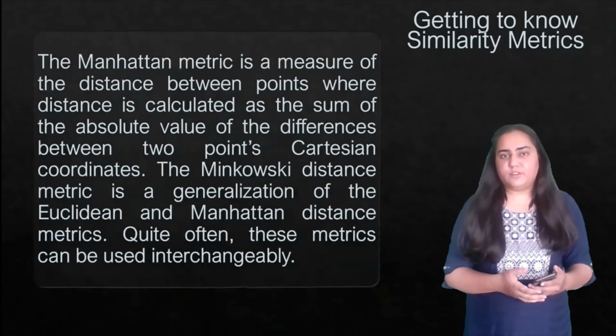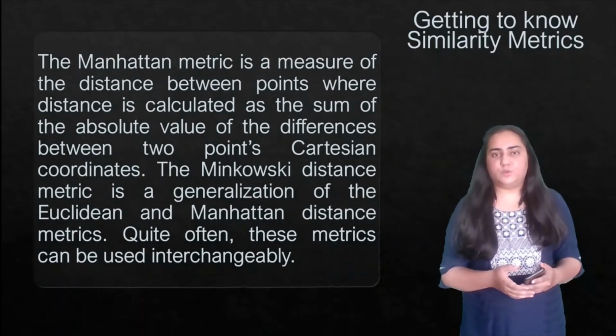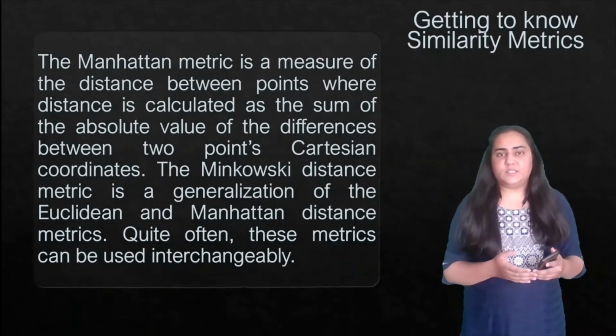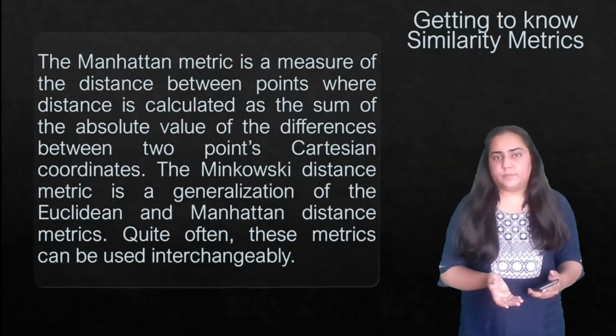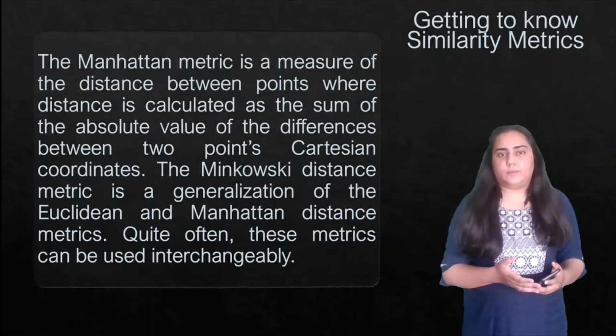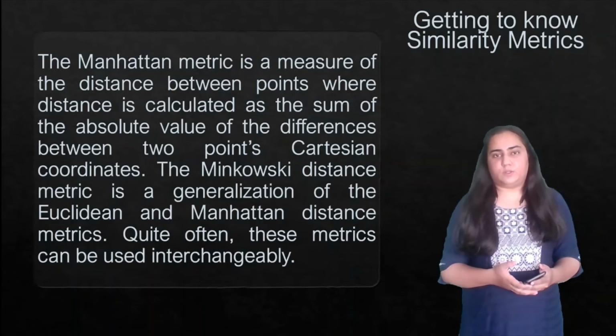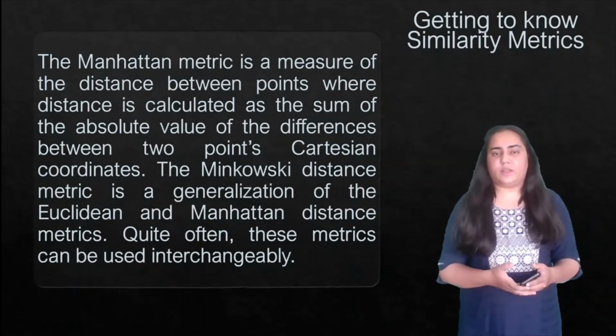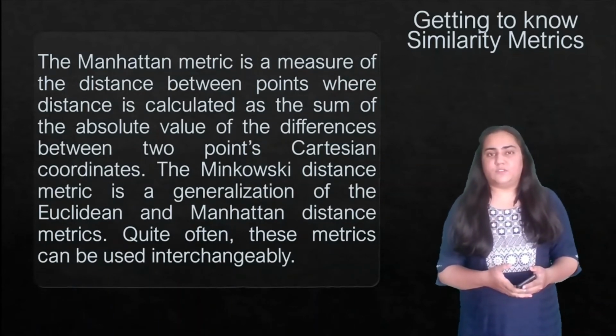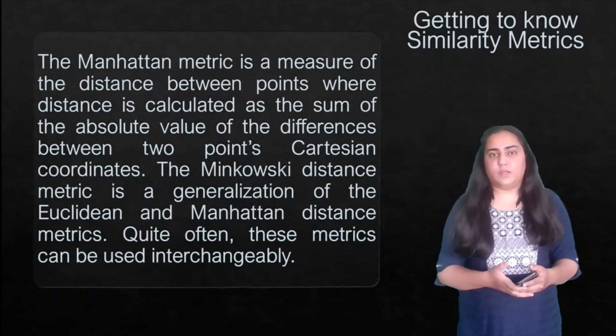The Manhattan metric is a measure of distance between points where distance is calculated as the sum of the absolute value of the differences between the 2 points. So you're just taking a sum of the absolute value of the differences between the 2 points and adding all that up together, which gives you the Manhattan metric.